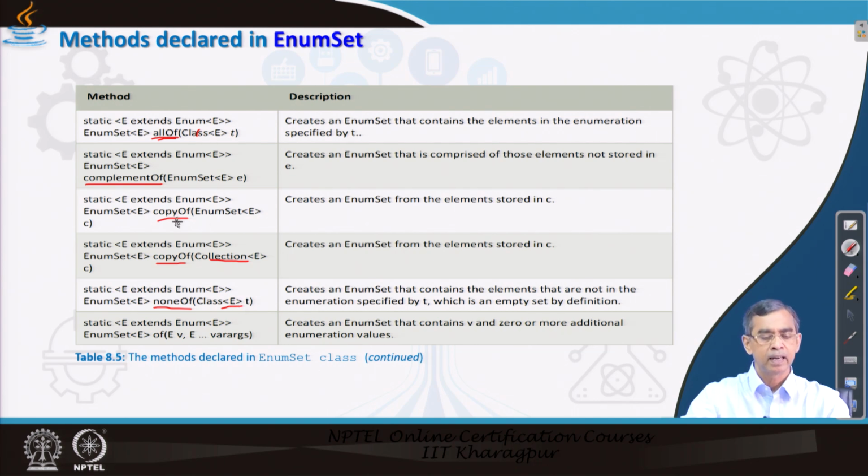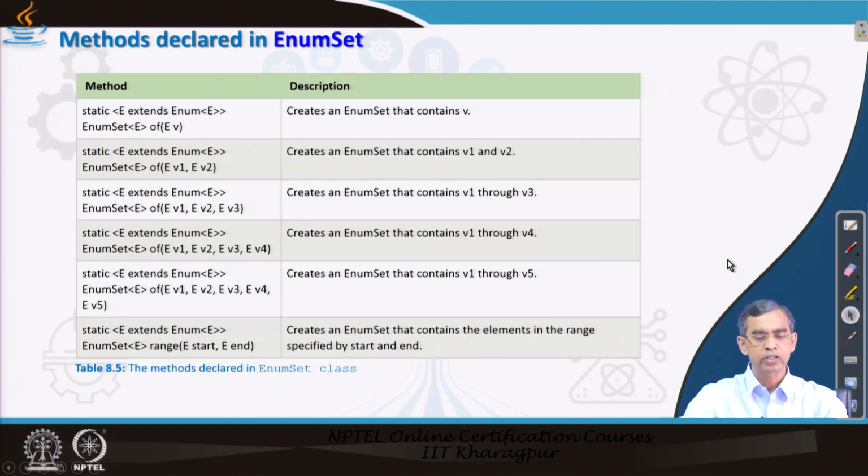It is just like a complement. And there is also another method called of, which is used with variable arguments, meaning from a certain enumeration, say V1, V2, V3, within a certain range it can have the copy of it. So, these are the different methods by which you can create and maintain the enumerated type of sets.